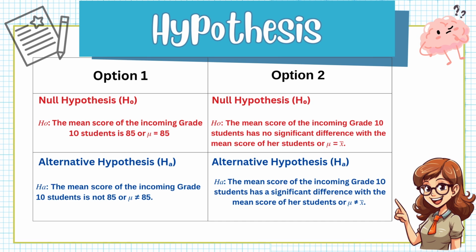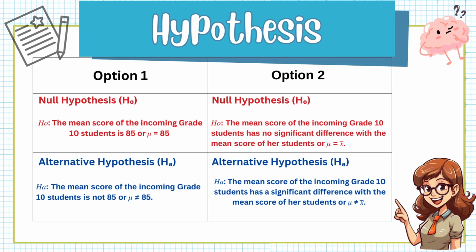As for the alternative hypothesis, the mean score of the incoming grade 10 students has significant difference with the mean score of her students, which can be written also as mu is not equal to x bar.